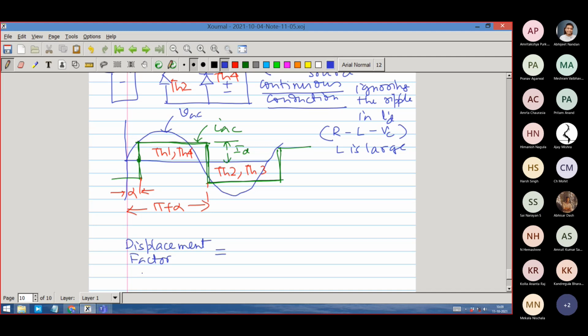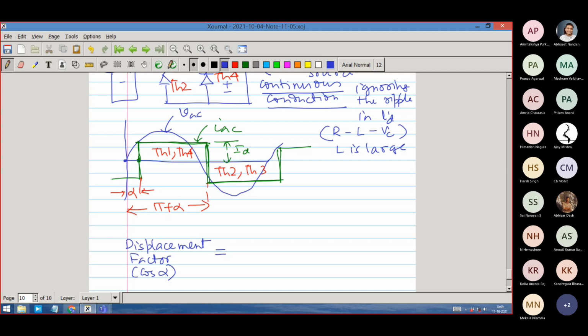Eventually we will get it somewhat like cos alpha. Cos alpha will be this thing, because by alpha angle the current is displaced with respect to the voltage; zero is here. Now which current?